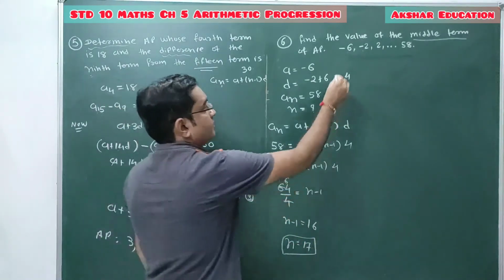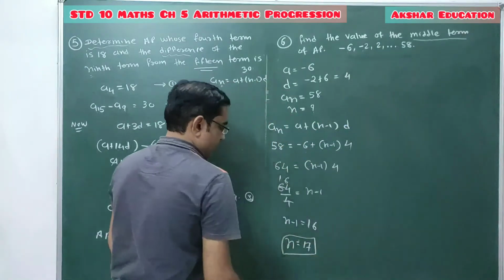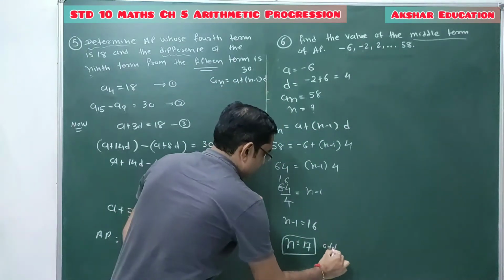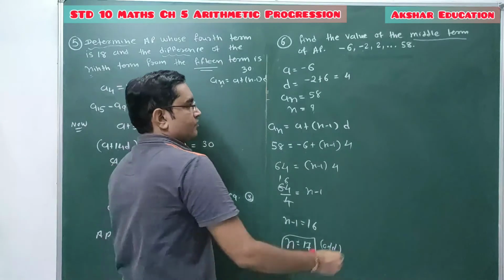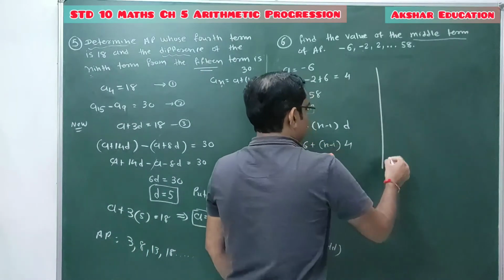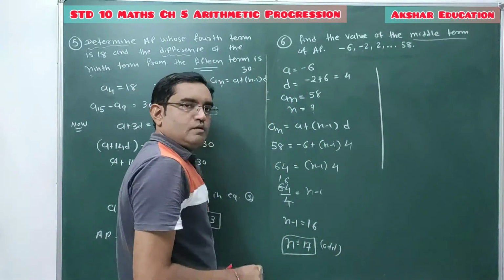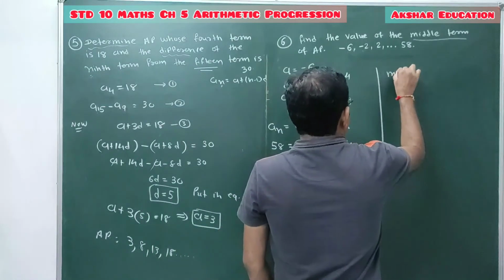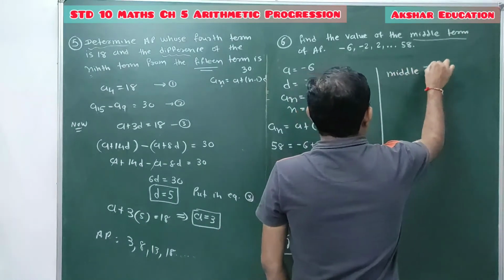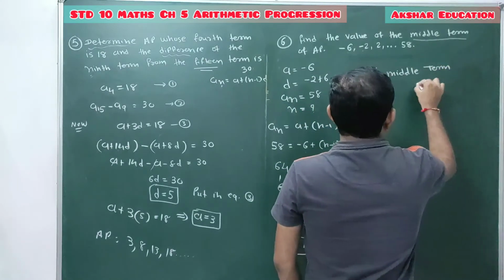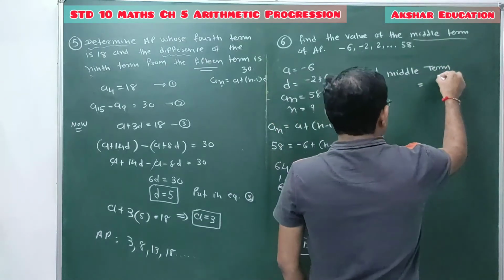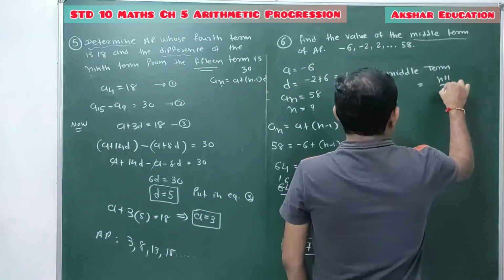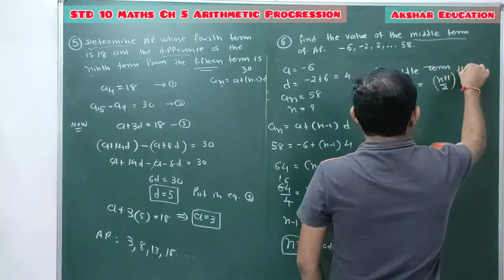So the number of terms in the given arithmetic progression is 17, which is odd. An odd number of terms are there, so from this we can apply our logic for the number of terms. So the number of terms is odd, so our middle term is nothing but the (n plus 1) by 2th term.